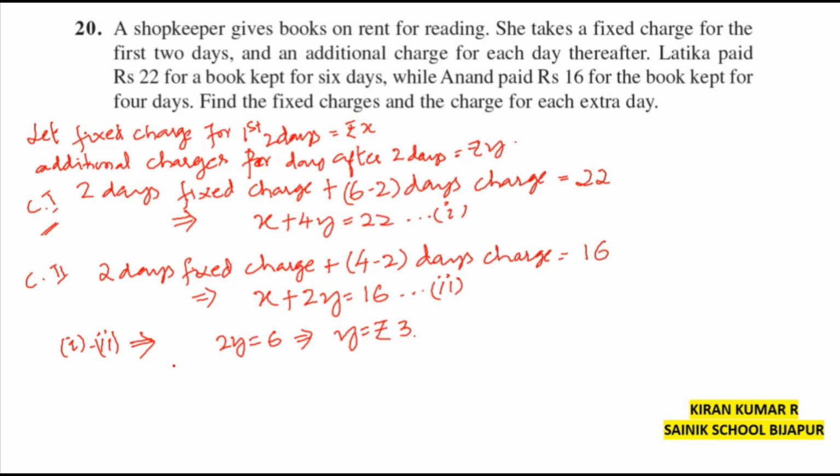Now we find the value of X. Let me consider any one of the equation. For simplification, I am taking the second equation, X plus 2Y equal to 16. Now I substitute: X will be equal to 16 minus 2 times 3, which we get as 10.